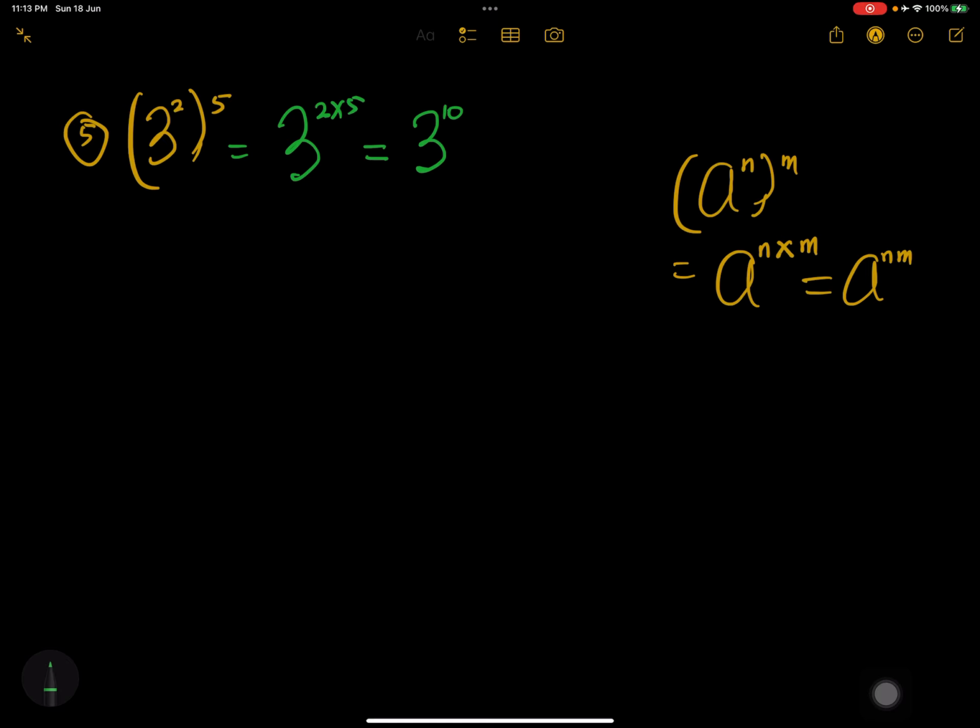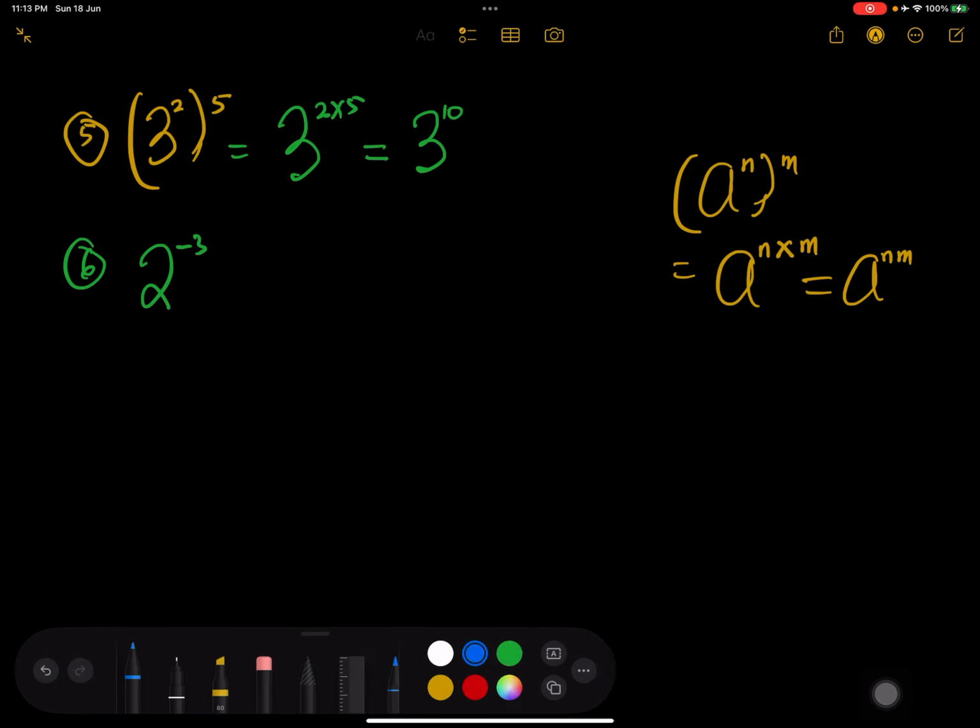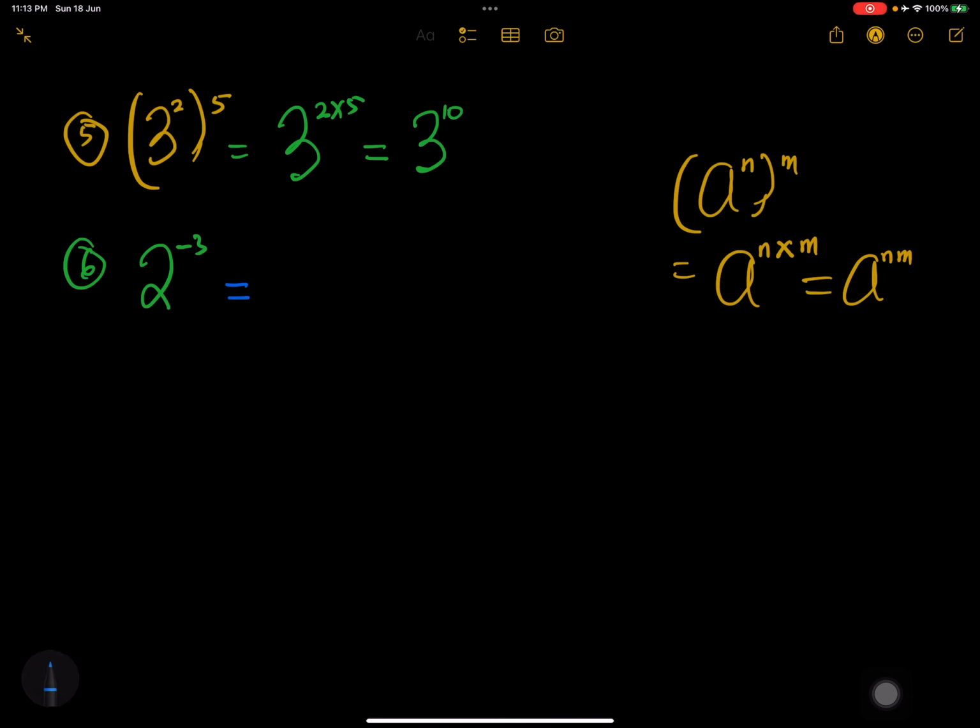All right. The next question we're going to be looking at is if we have 2 to the power of negative 3. We said that, remember, if you have a to the power of minus n, we write 1 in the numerator, and then in the denominator, just write a to the power of n without the negative. So we're going to apply the same thing.